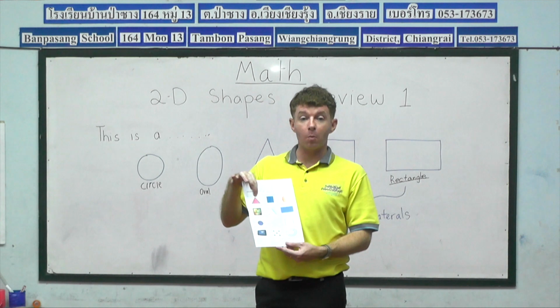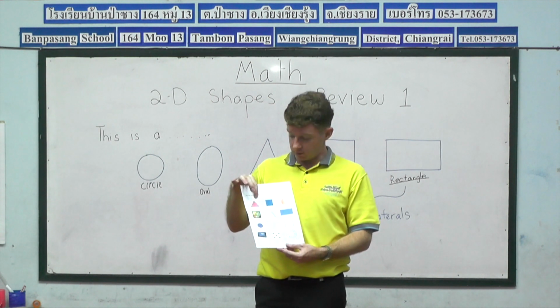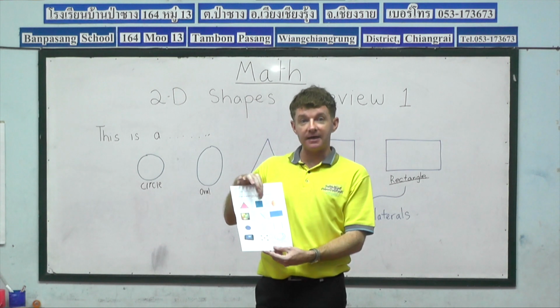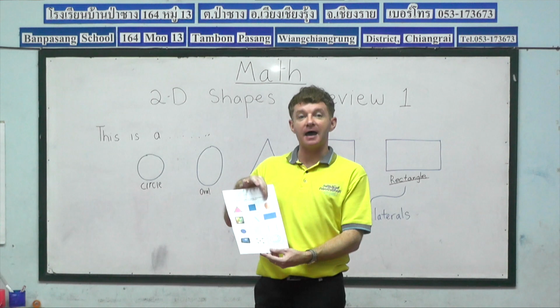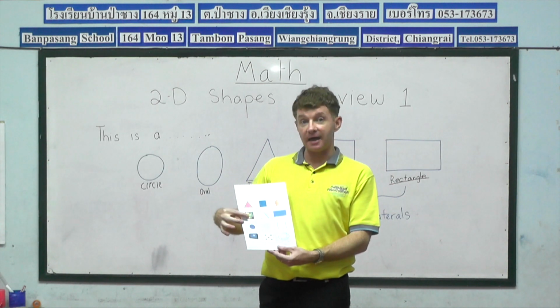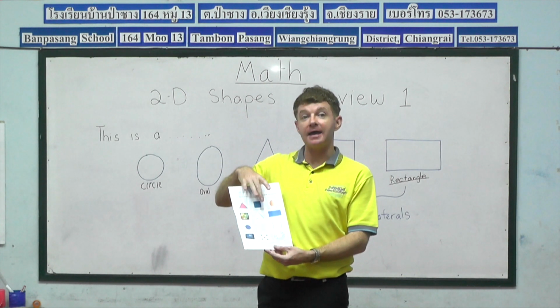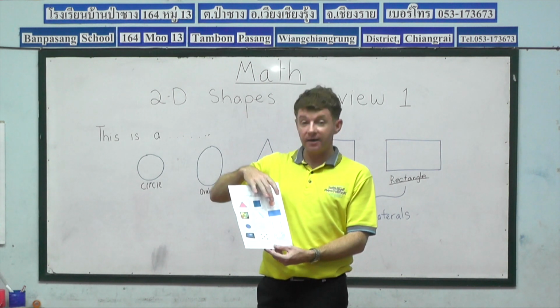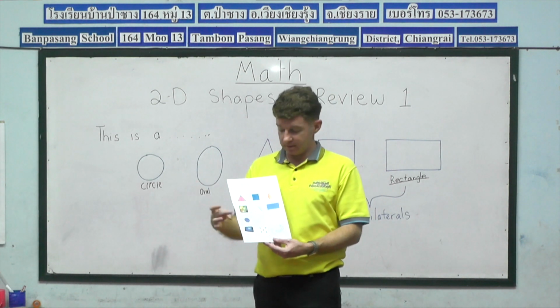So object number 1, guys, this is a triangle. This is a square. This is an oval. This is a square. This is a triangle. This is a rectangle.